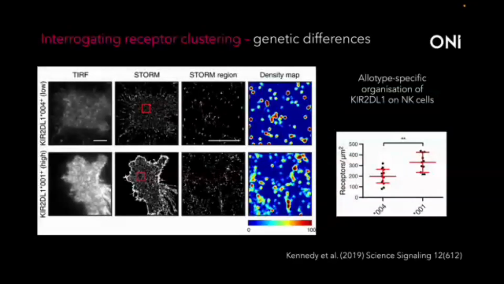So again, from Dan Davis's group here, looking at a STORM of different allotypes of KIR molecules, we can see that the different densities and different clustering behavior correlates with their genetics. So different allotypes of these molecules causing different clustering, which again can lead to differences in their downstream behavior.